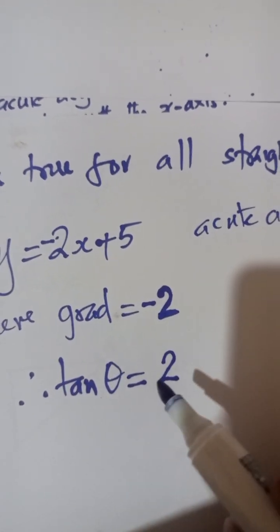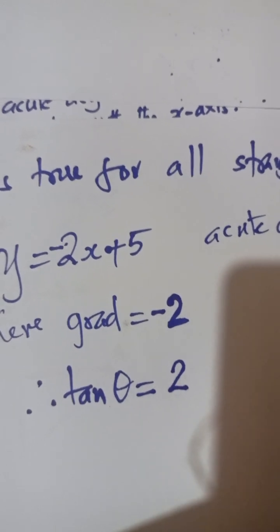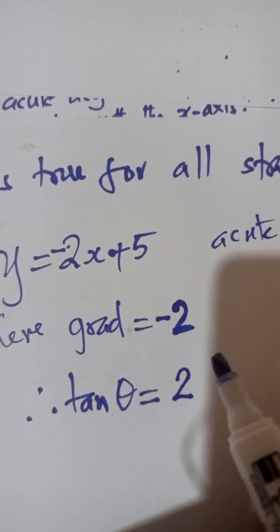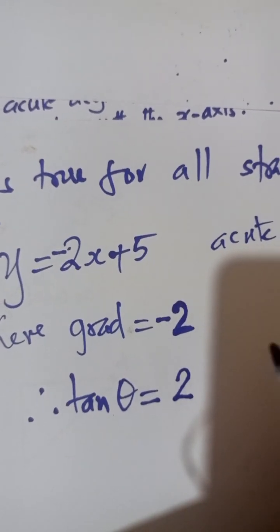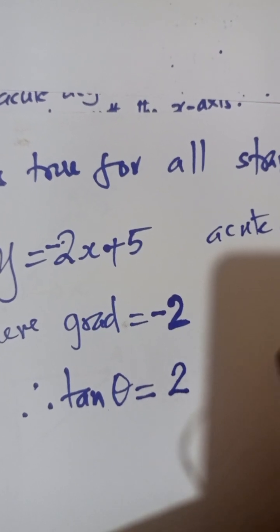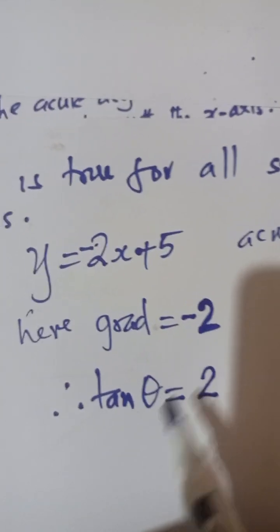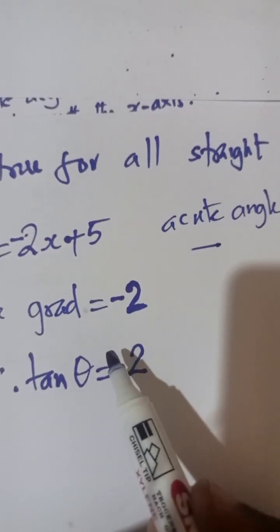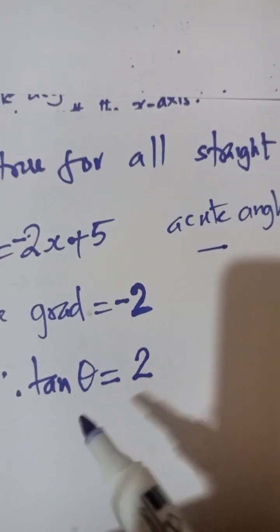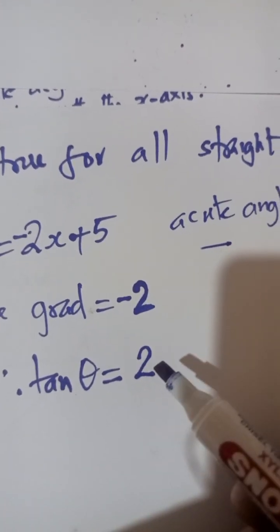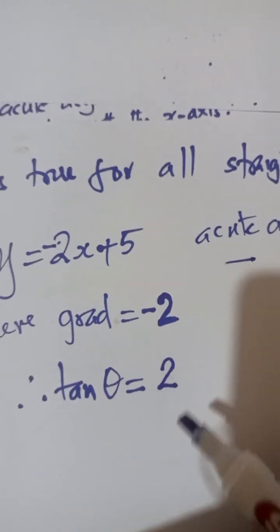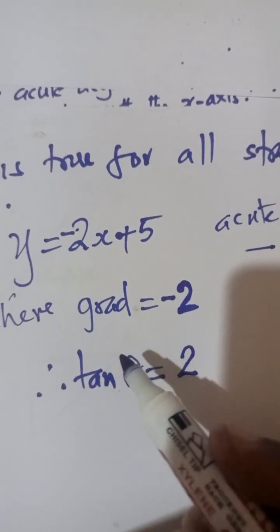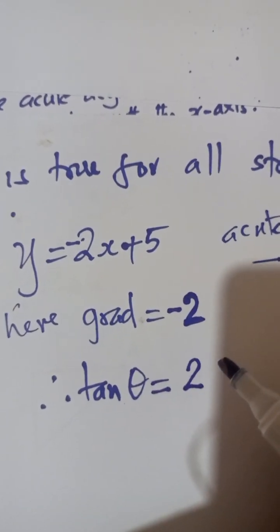The trigonometric ratios may be negative for other angles, but as long as the angle is between 0 and 90 degrees, its sine or cosine or tangent is positive. That's why, because we are dealing with an acute angle, even though the gradient is negative 2, we'll take the absolute value, ignoring the negative sign. So tan theta, theta being the acute angle, will be equal to 2.